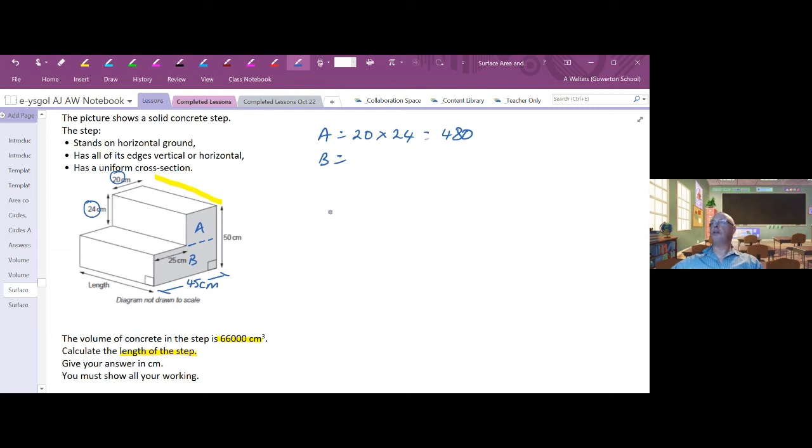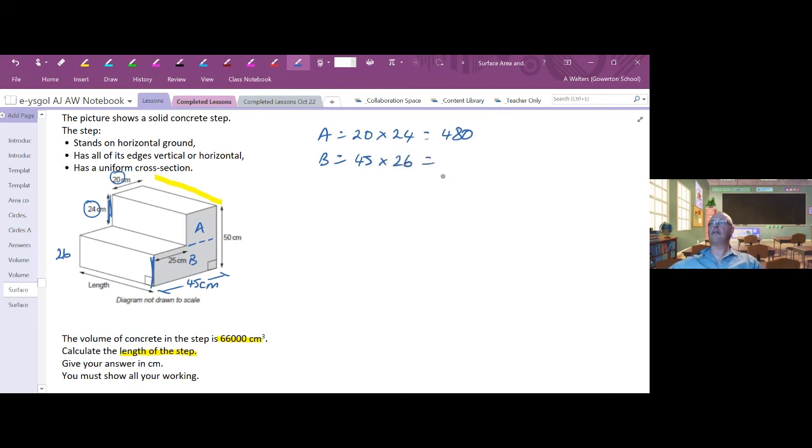So what I've got is that it's 45 along the bottom. And this distance tall here is found from 24, take away 50, 24 is there, 50 is there, I'm left with 26 tall. So this is quite an awkward one to work out. It's 45 times 26.